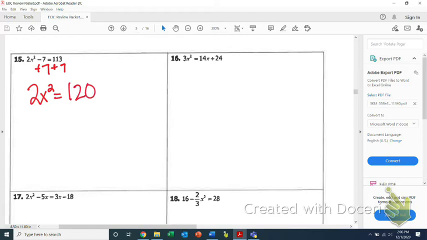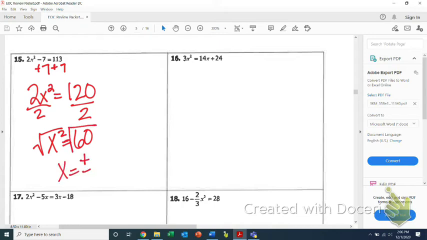All right, well, you know in your head that you can divide 120 by 2 and get a whole number. So I'm dividing by 2. So I've got x squared equals 60. Well, to get rid of a square, you take the square root. So I have x equals plus or minus the square root of 60. And then I'm done.